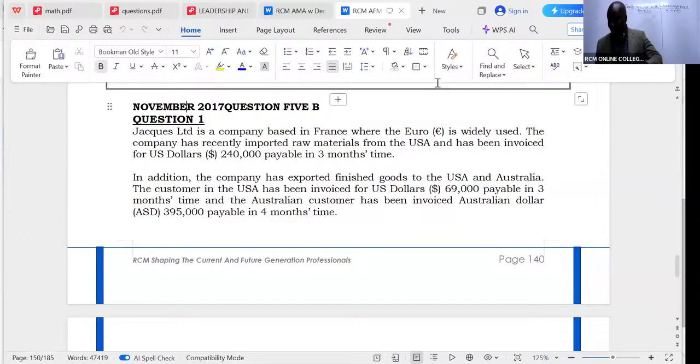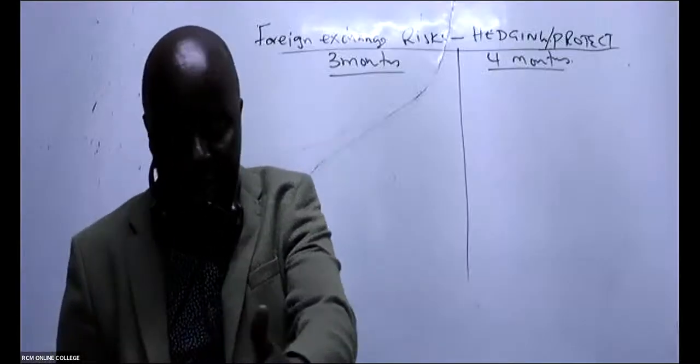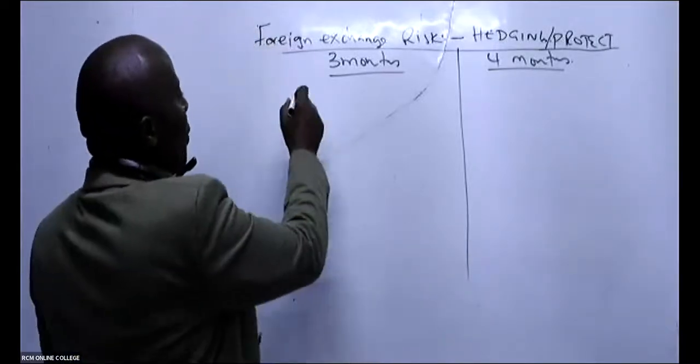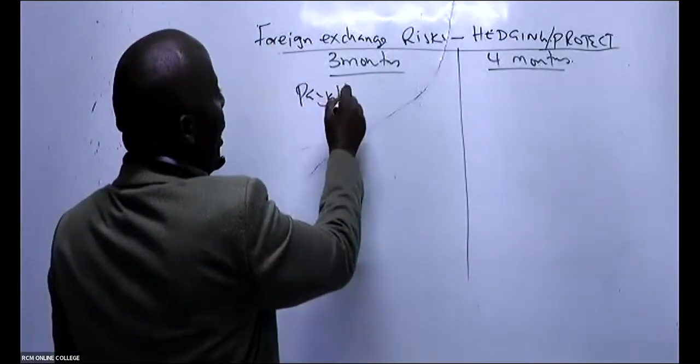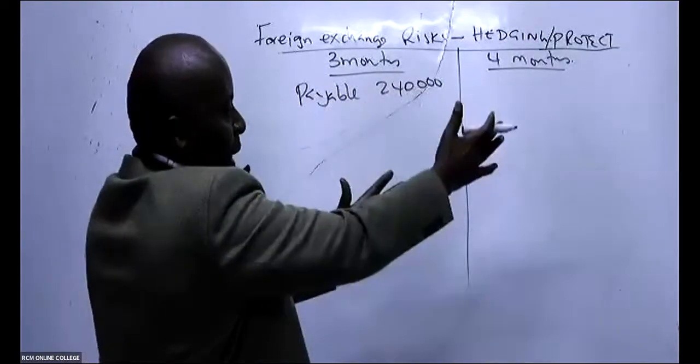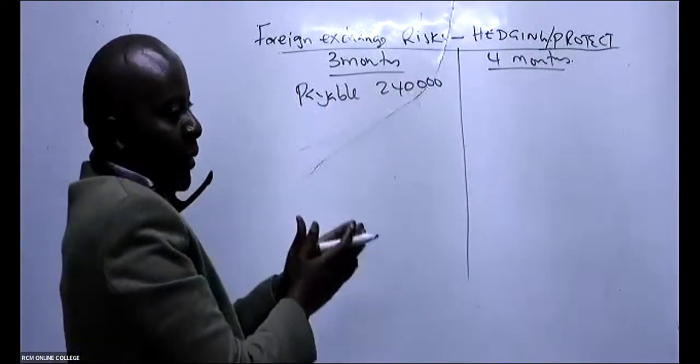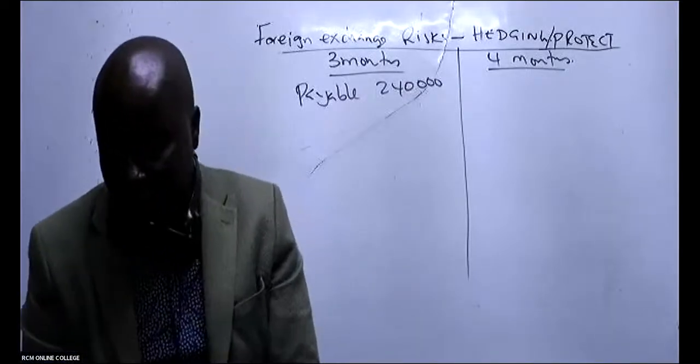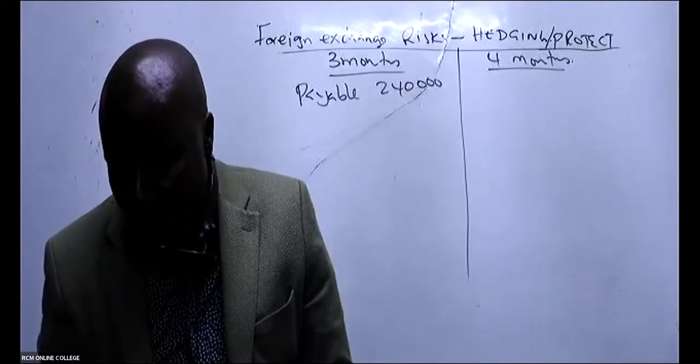When we import raw materials, we're supposed to be paying in 3 months' time. So I can see a payable of $240,000 within 3 months, not 4 months.